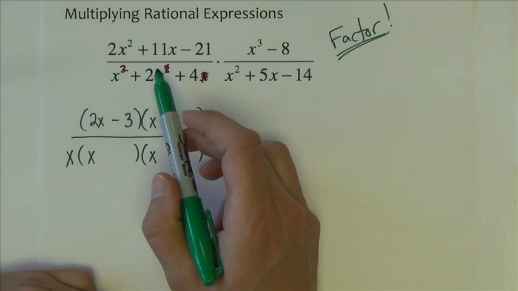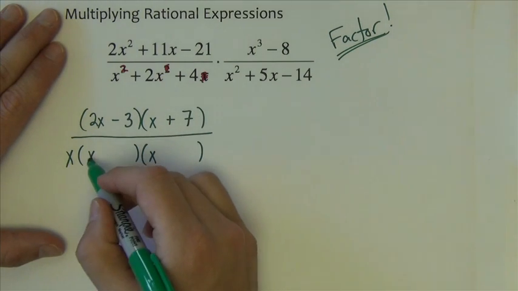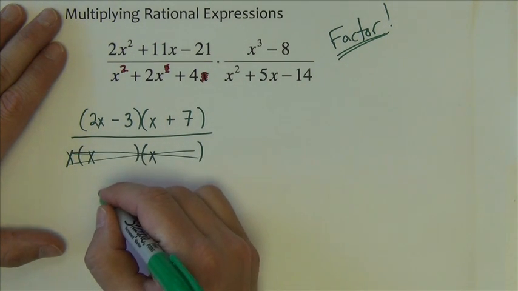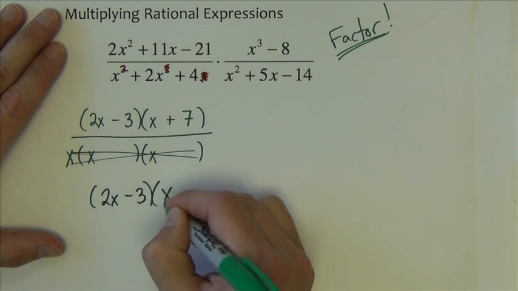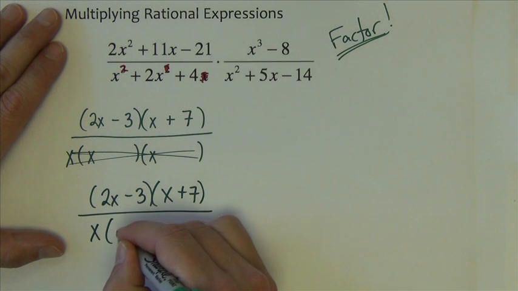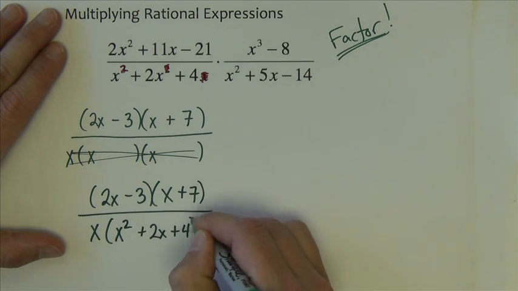That's not actually possible. Okay? It's not actually possible, then I can't really do this. So maybe I should have just left it the way it was. Let's rewrite the numerator. Denominator, I can take that x out, but then it's going to have x squared plus 2x plus 4.